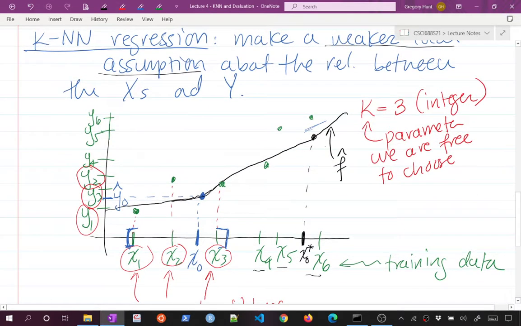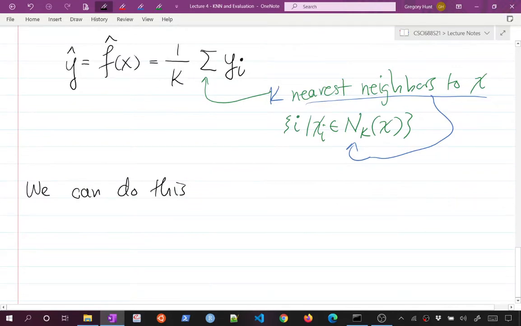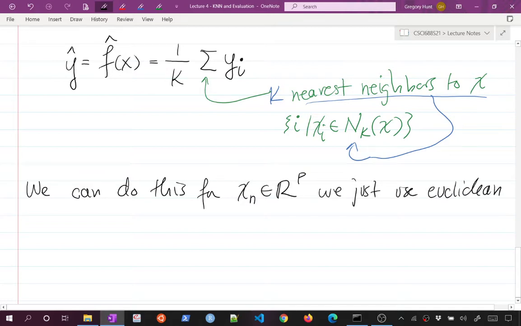In our example here, this is a one-dimensional problem where I had one x and a bunch of y's. But you can do this for training data that is p-dimensional. We just use the Euclidean distance to determine, quote, closeness.